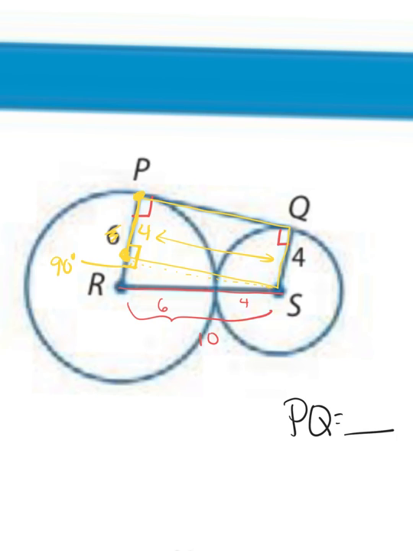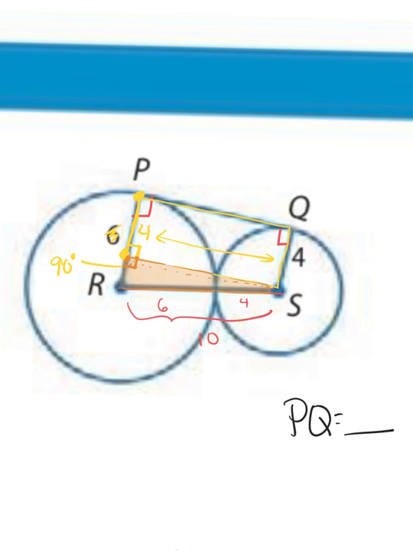I'm going to try to shade in that triangle without taking a whole lot away from it. I think I better get a different color. That little triangle right there.